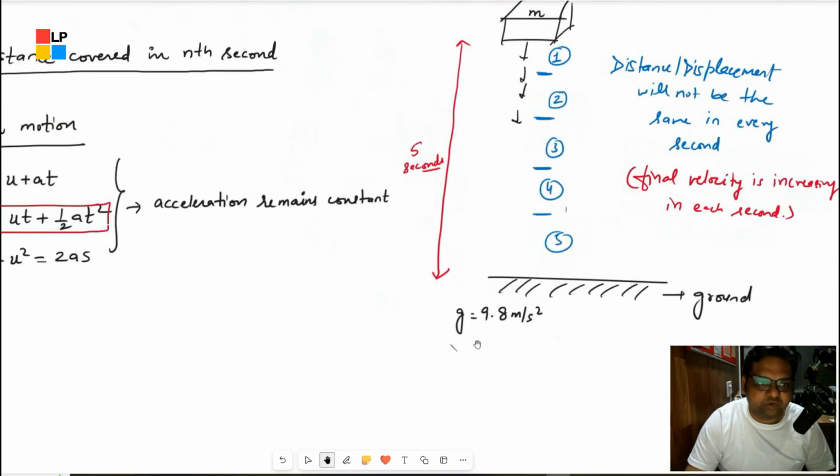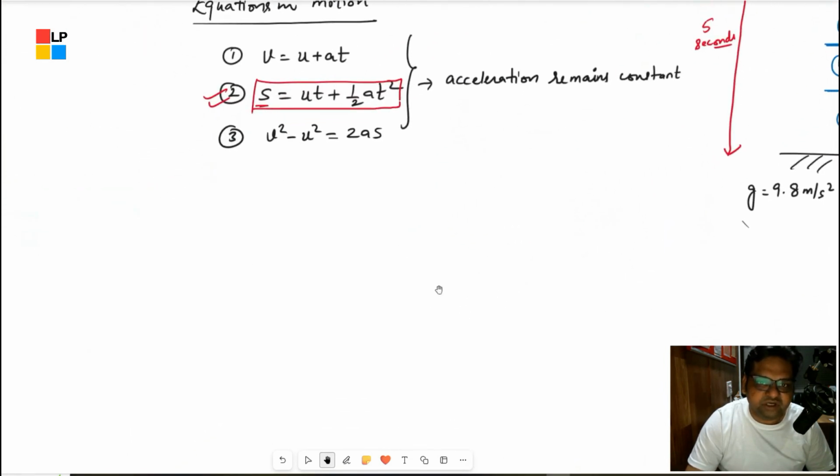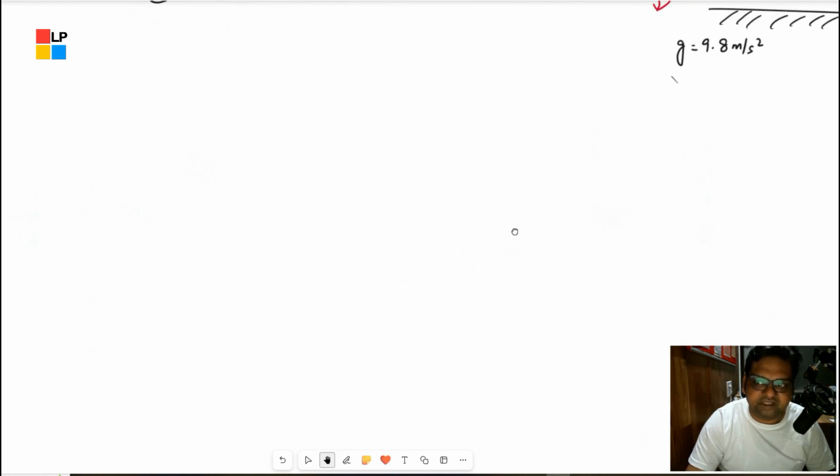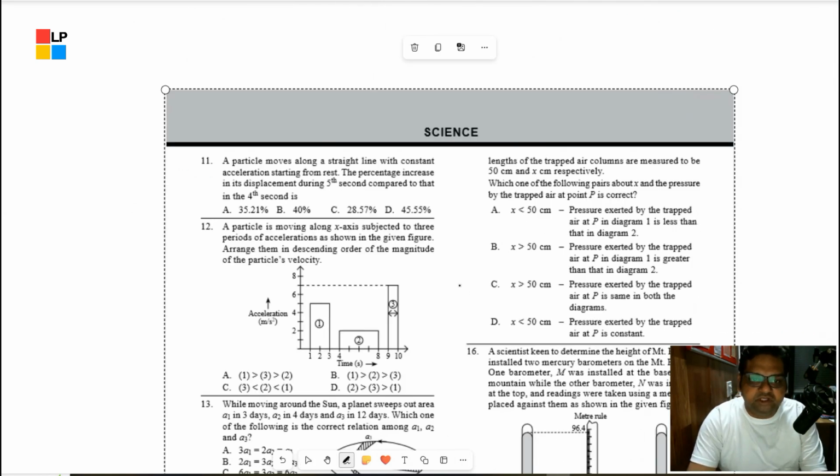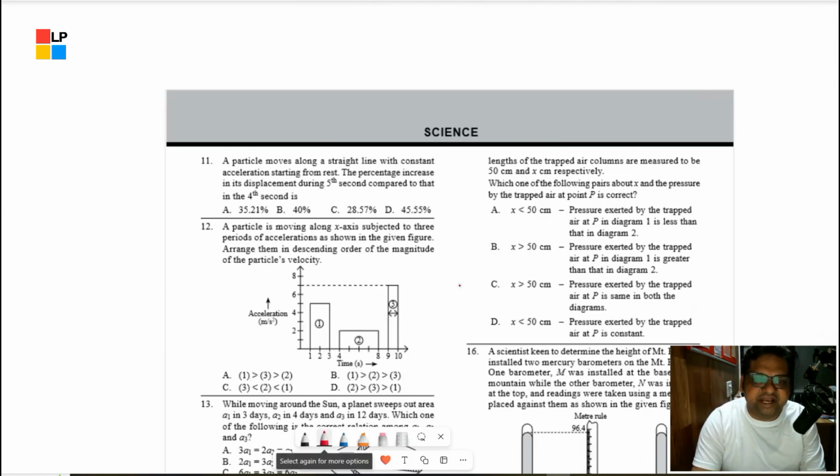Let us take a question to understand this concept. A particle moves in a straight line with constant acceleration, starting from rest. Again, find the keywords: constant acceleration, starting from rest, that means the initial velocity is 0.